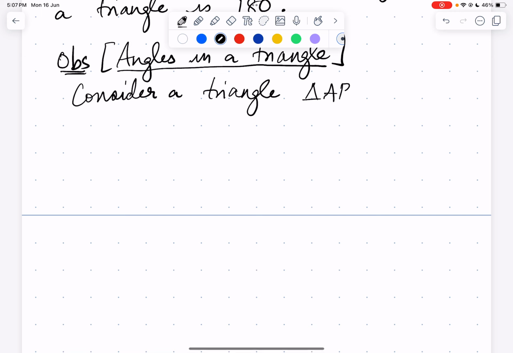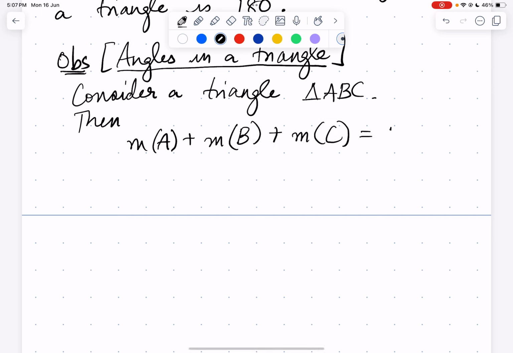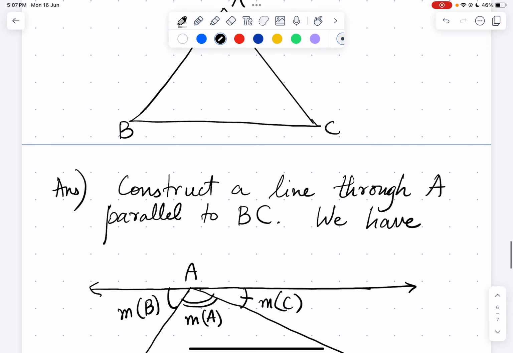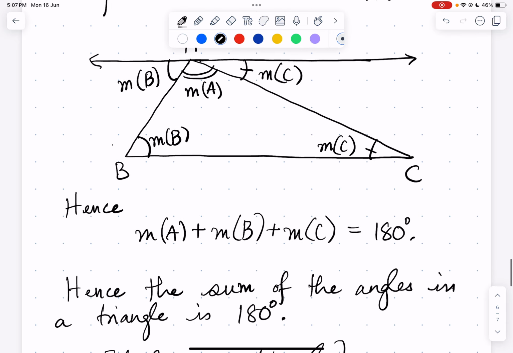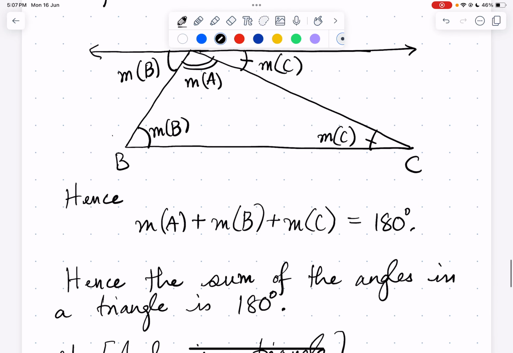Consider a triangle ABC, then the measure of the angle at A plus the measure of the angle at B plus the measure of the angle at C is equal to 180 degrees. So yeah, this is the basic relation between the angles in any triangle.